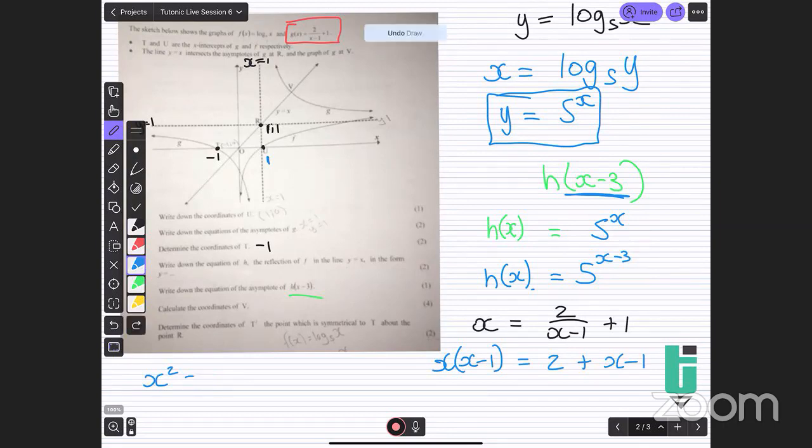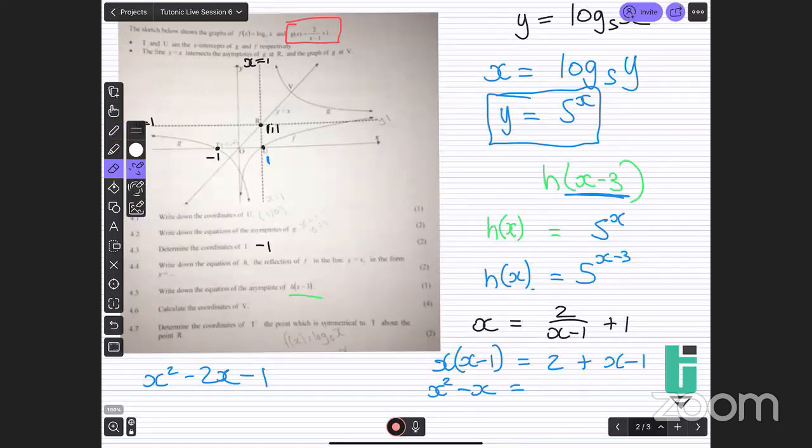So it's x squared minus 2x minus 1 equals 0.